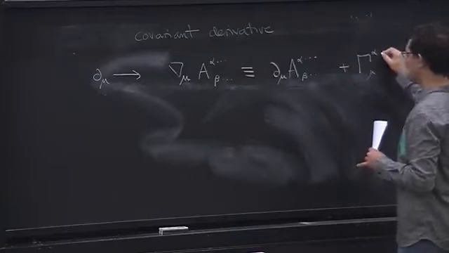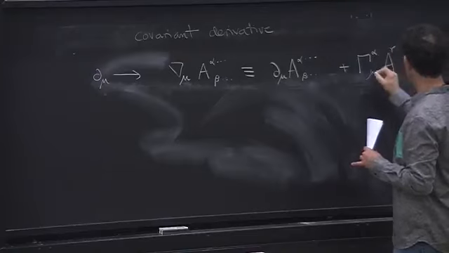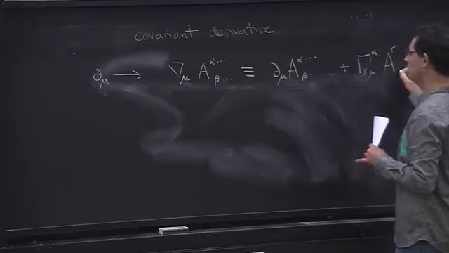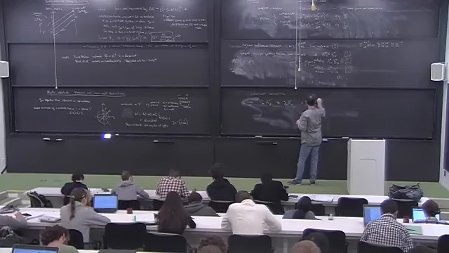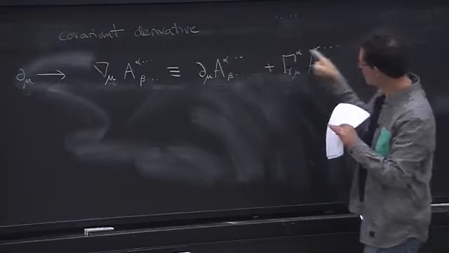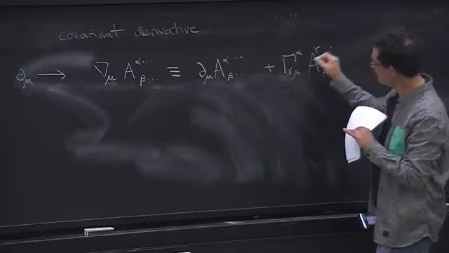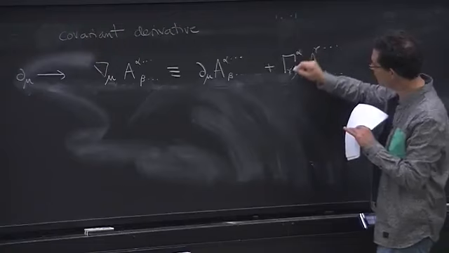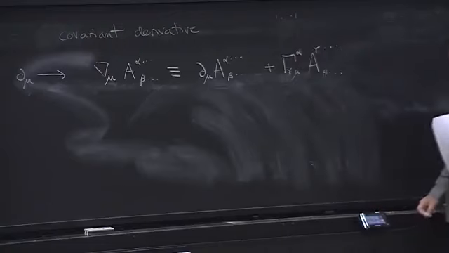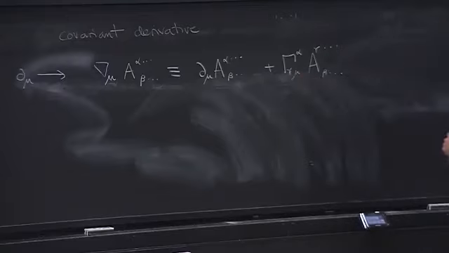I've got to contract it with my A. So this is going to be gamma, gamma, beta. Basically I'm just taking this upper index, contracting it with my connection, and then the connection transforms it back to an upper index. And the connection has this index for the partial derivative as well.